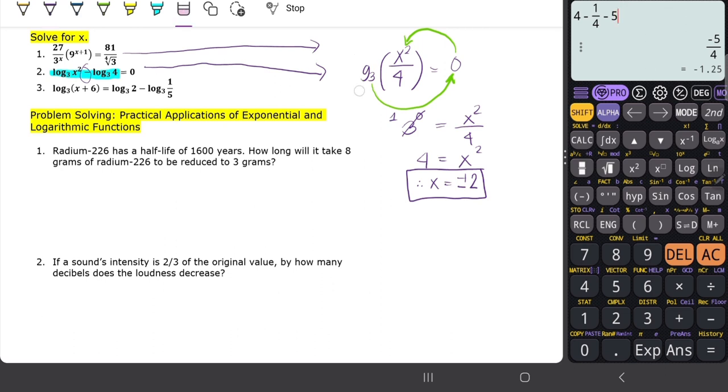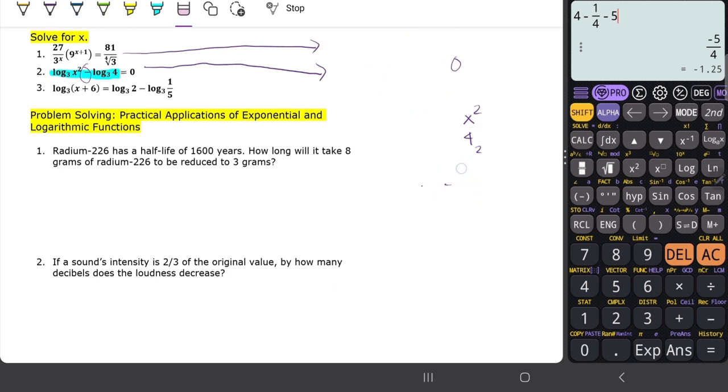And the last item for the solving part. So, log base 3 of x plus 6 is equal to log base 3 of 2 minus log base 3 of 1 over 5. So, let's try to simplify naman this time yung ating right side since mayroon tayong two terms. So, let us just rewrite it on this part.